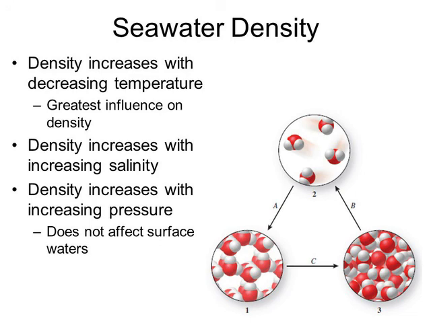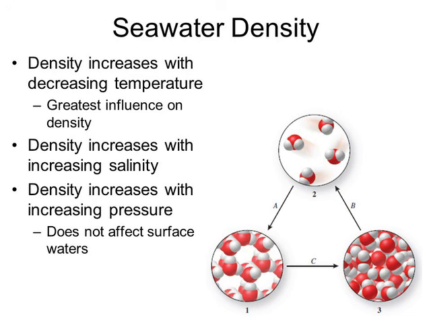You can also increase the density of seawater by increasing salinity. Those spaces in between the water molecules, if you increase your salinity, you're putting more and more salt molecules into those spaces, and therefore you're decreasing the amount of space in between the molecules. Therefore, you're increasing your density.